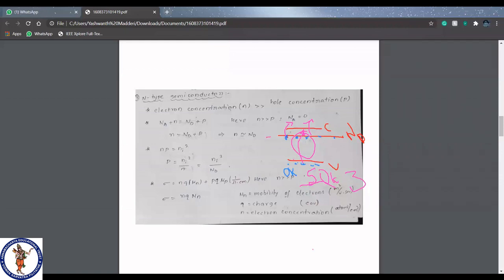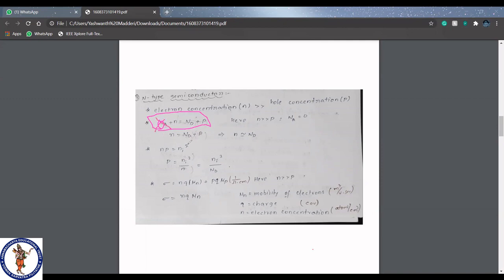The majority charge, the electrons present in the conduction band, is because of the donors only, not because of the valence electrons in the valence band. So electron concentration is high compared to the hole concentration, and the same charge density equation applies: Na plus N is equal to Nd plus P. In this case, we don't have any acceptor, so we can neglect this part.